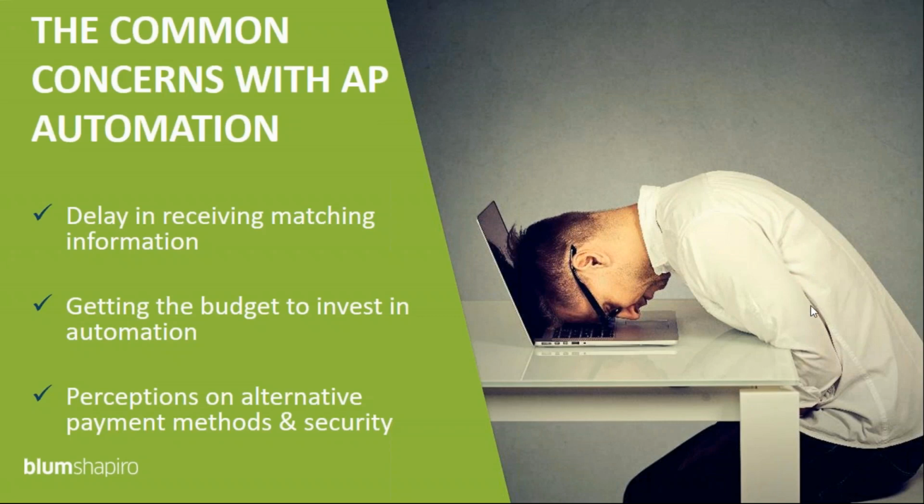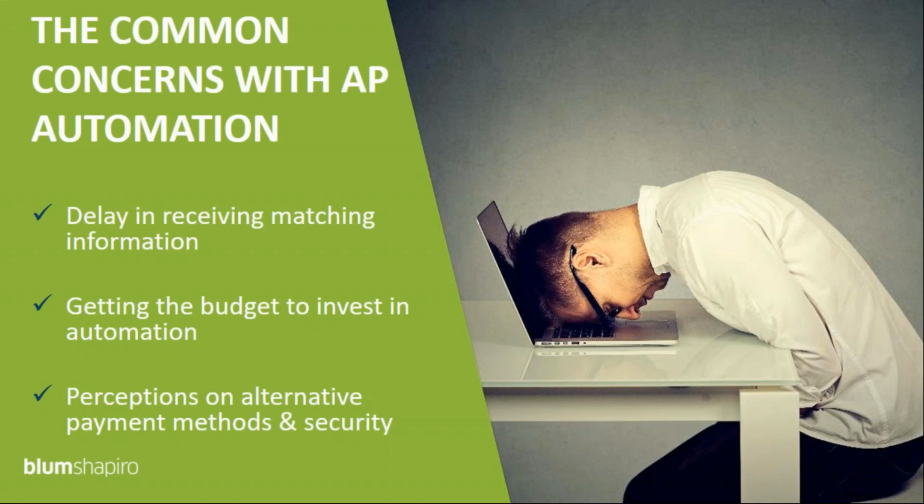Just want to do a quick overview of some of the common concerns around AP automation that we've seen at AvidXchange. I go out and speak to a lot of different customers, and what I've seen is a lot of commonality in the concerns they have.